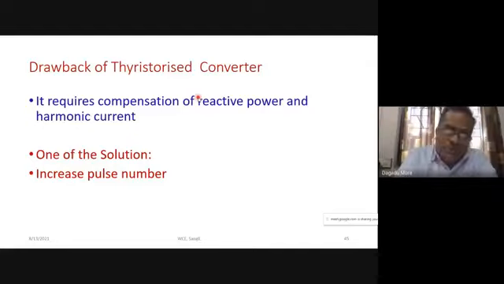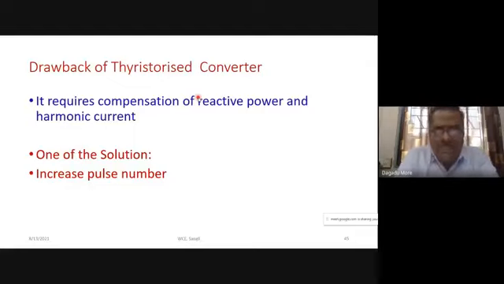Sinusoidal. So our ideal requirement is that our AC-DC converter should take a sinusoidal current from the supply and operate at unity power factor. And for that, the topic we have is the PWM rectifiers. Those PWM rectifiers will work at unity power factor and take sinusoidal current. Okay, so that is our intention.